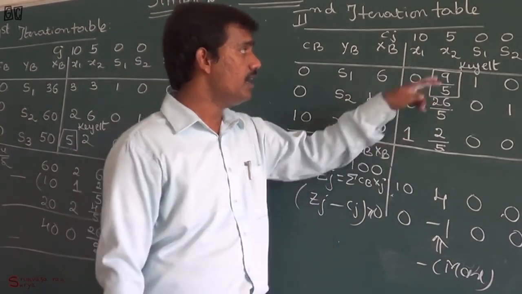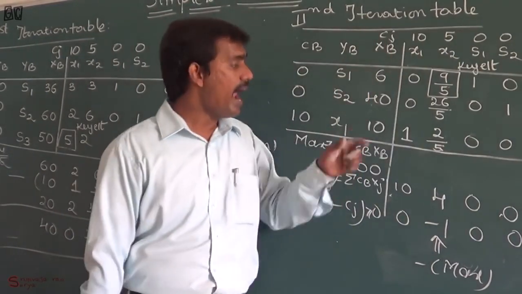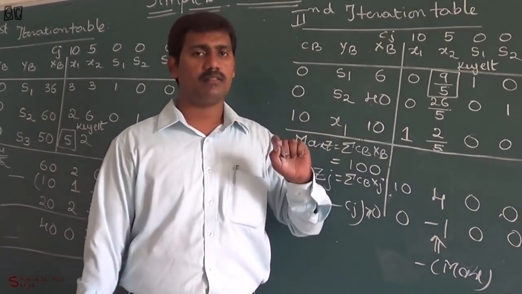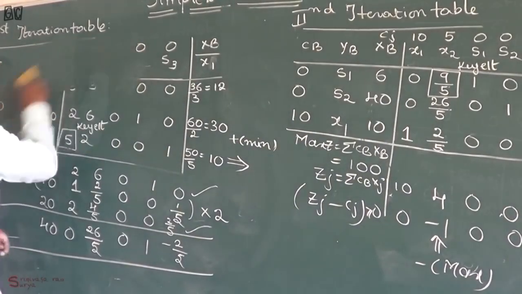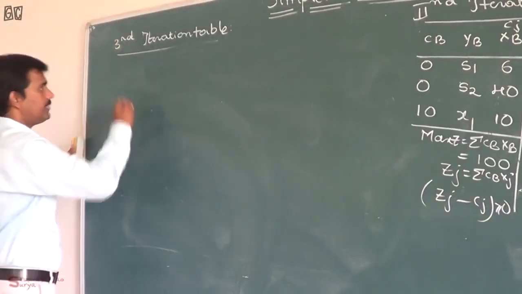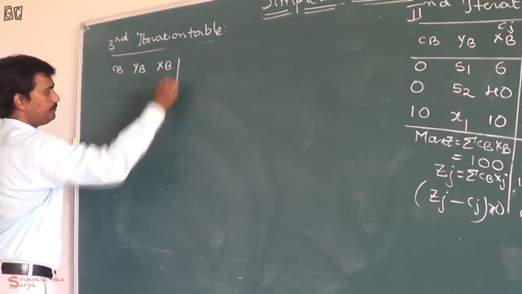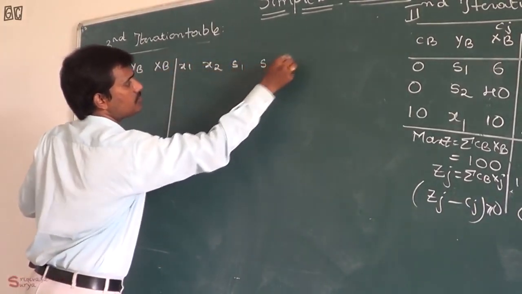And one more condition, x2 is the incoming vector, s1 is the outgoing vector, and make all the other elements in the key column 0. Now we have the final iteration table here. Again, that is CB, YB, XB, X1, X2, S1, S2, S3.